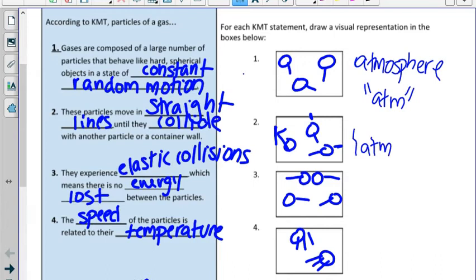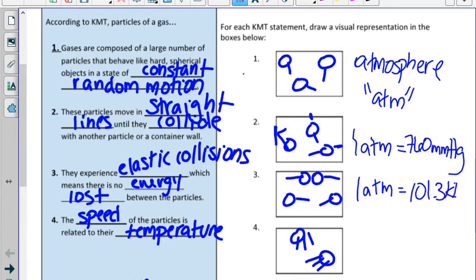Like I said, we can convert these units back and forth from one to another. So 1 atmosphere is equal to 760 millimeters of mercury. 1 atmosphere is also equal to 101.3 kilopascals, kPa.